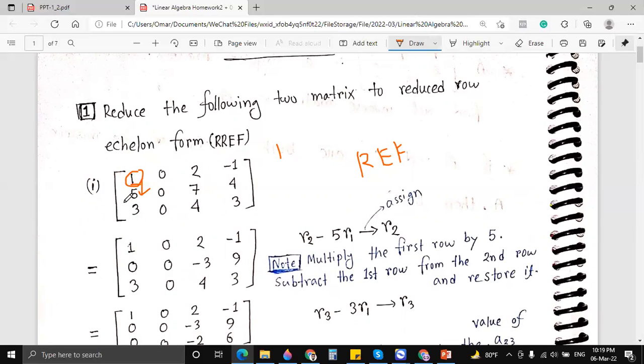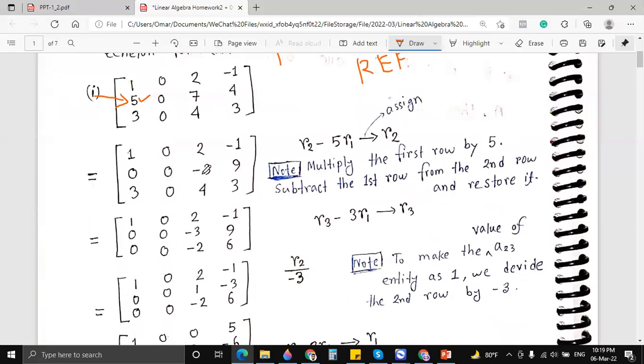We have 5 here. So I can multiply 5 with the first row, and then subtract the first row from the second row, and then rewrite the second row.